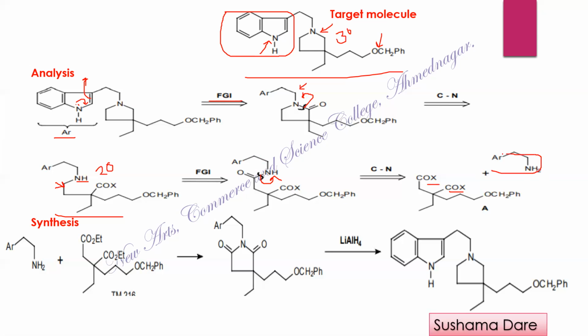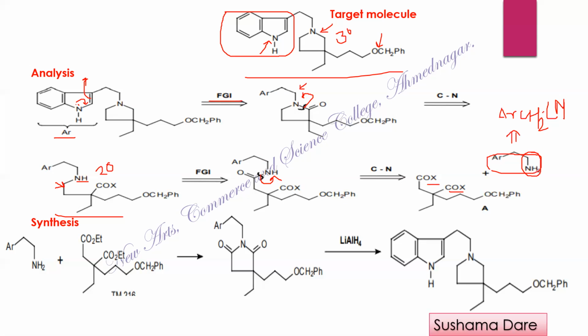And this retro we already discussed, how we go with this. That is again FGI: the CH2NH2 group we have to replace with the cyano group. So it gives ArCH2CN.